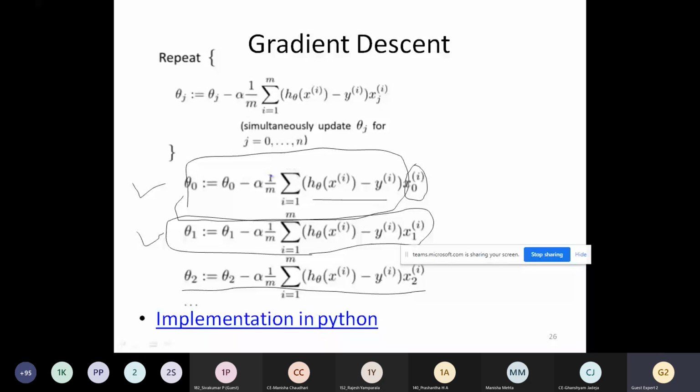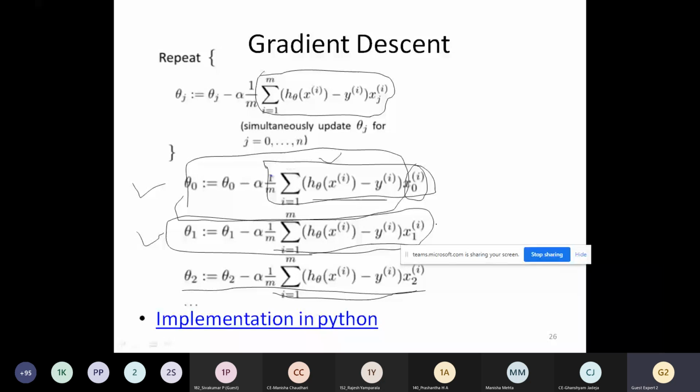Now how did I get this equation? These are nothing but the partial derivatives of the cost function with respect to theta 0, this is with respect to theta 1, this is with respect to theta 2, and so on.